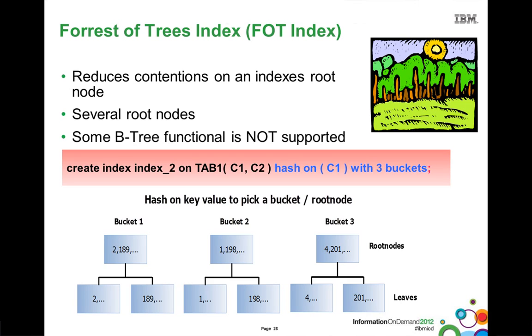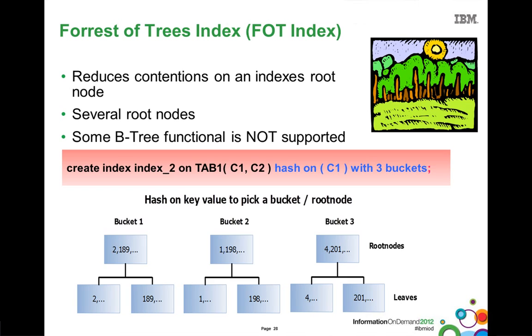That breaks the index into multiple root nodes. You can see we have bucket 1, bucket 2, bucket 3, so we really have many subtrees, and the contention is spread out. Not all users are always having to go through the same node.